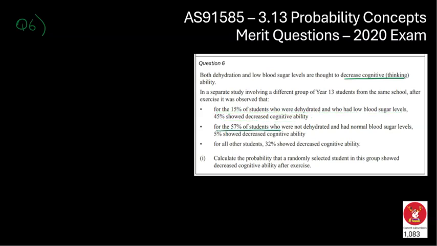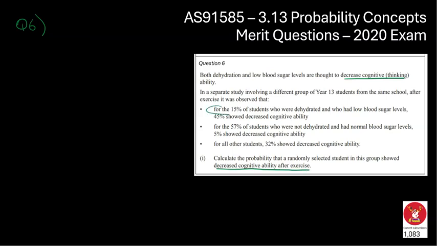For the 57% of students who were not dehydrated and had normal blood sugar, 5% of them showed decreased cognitive ability. And for all other students, 32% of them had decreased cognitive ability.